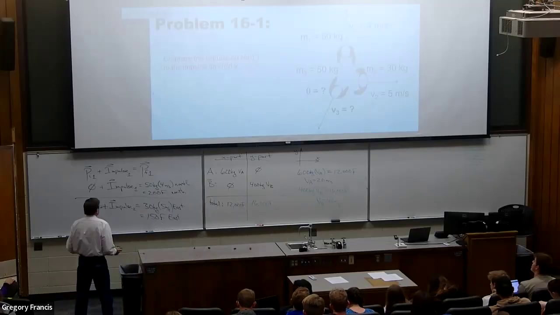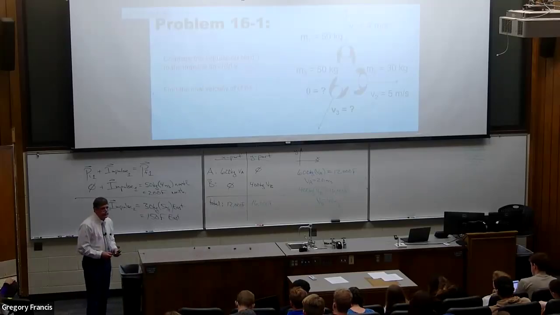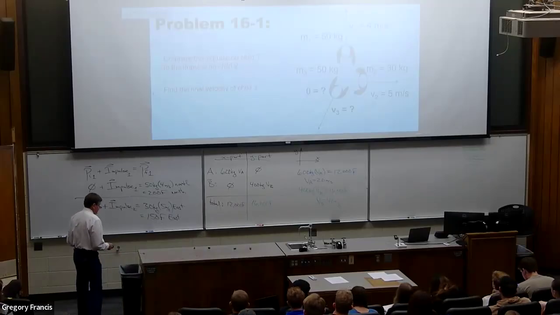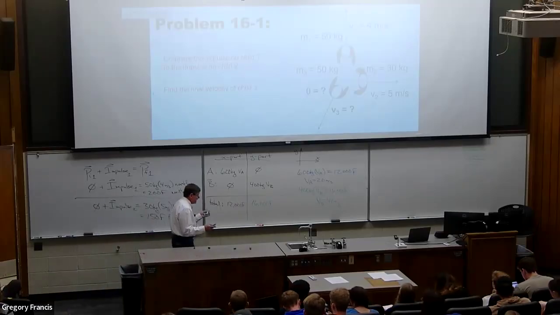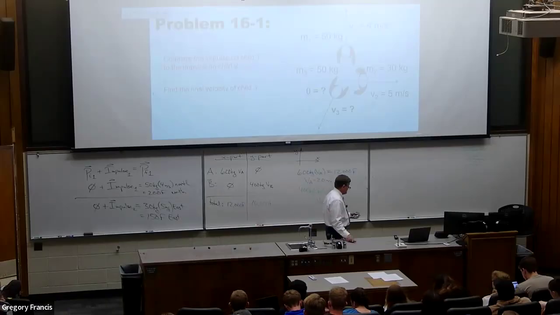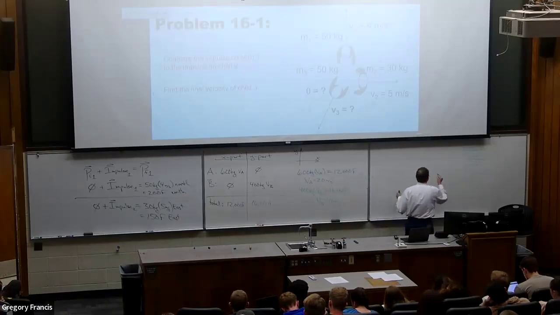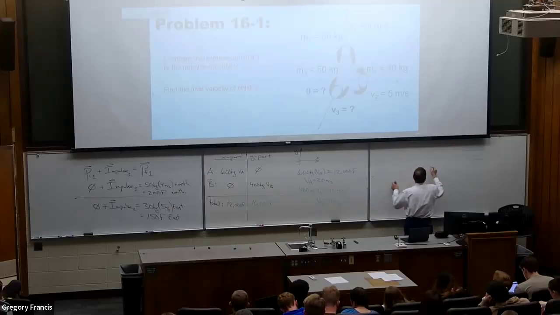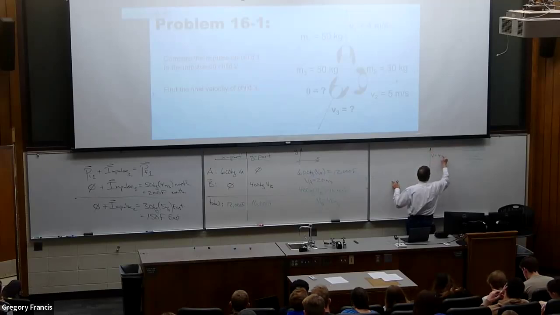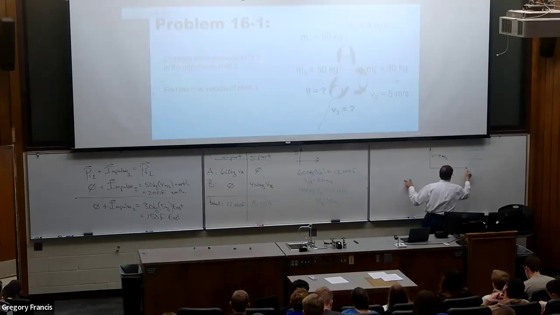The second part of this homework is to find the final velocity of child three. And again, when this was on an exam, we had a big chunk of the students that said, well, child one goes this way with 4 meters per second. Child two goes this way with 5 meters per second.